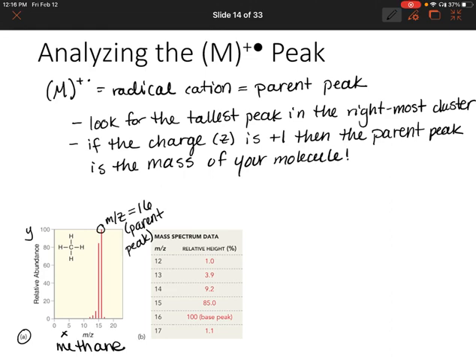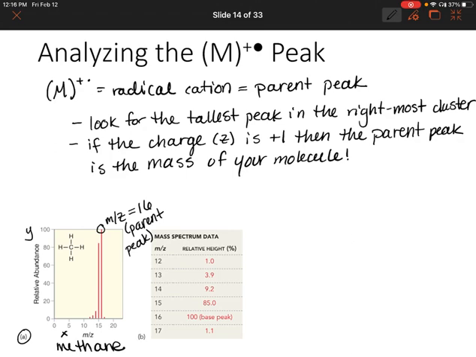So again, this is super useful because we can figure out the mass of our molecule, and that can help to narrow down what our molecule is. Now, if we look at methane, the molar mass of methane is about 16, so that works out.